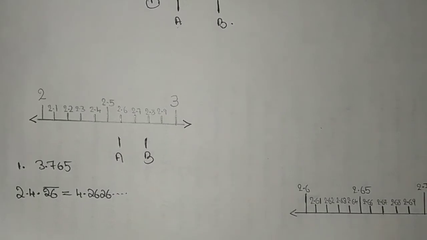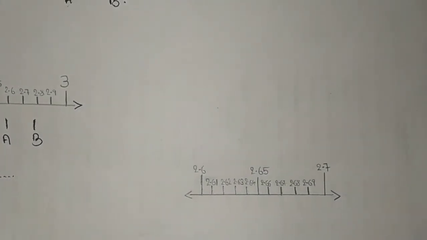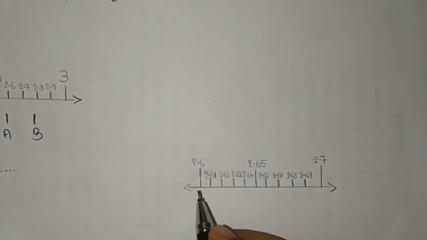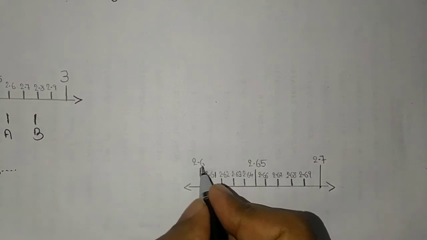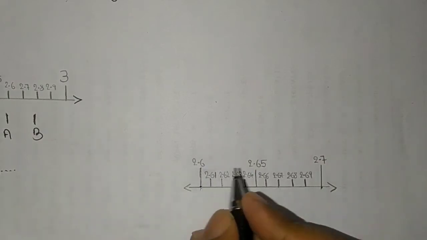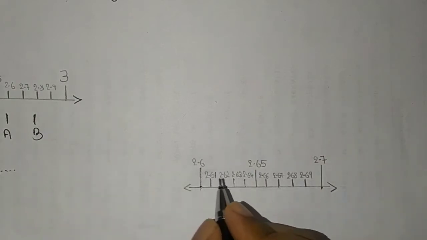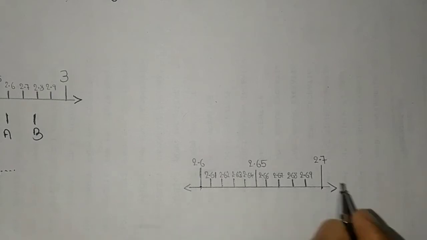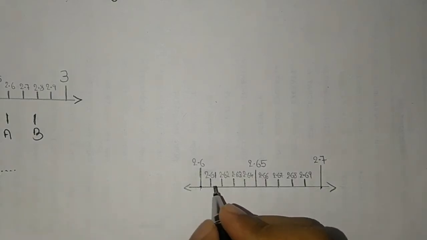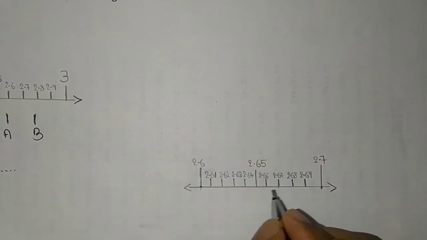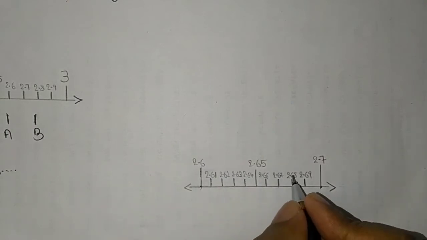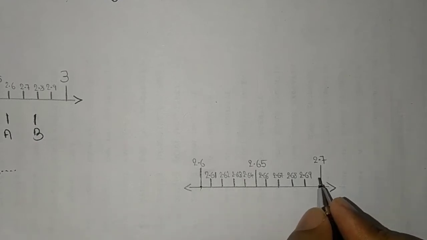Zoom in again into 10 equal parts: 2.61, 2.62, 2.63, 2.64, 2.65, 2.66, 2.67, 2.68, 2.69. There is no concept of 10 here; next is 2.7.